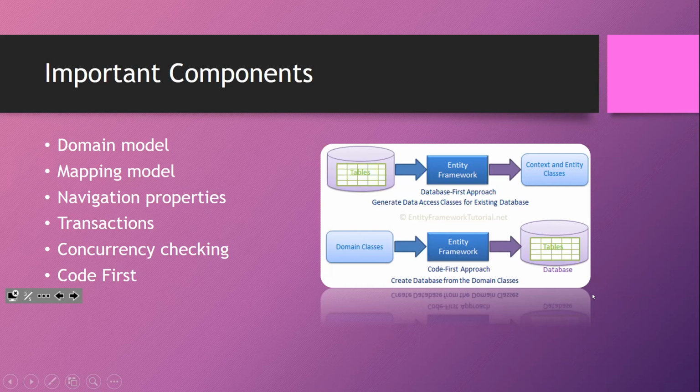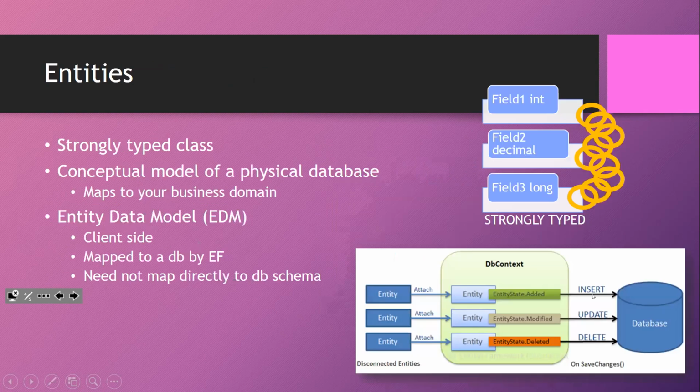Do we have partners? What do we have? We're going to have something different. That goes into our mapping model, and we've seen how that can affect our properties for navigating through our tables. Some other components that are important to us are transactions, concurrency checking, which involves, you know, who got there first, who gets to update the row if there's contention, and the fact that we're going to do it code first.